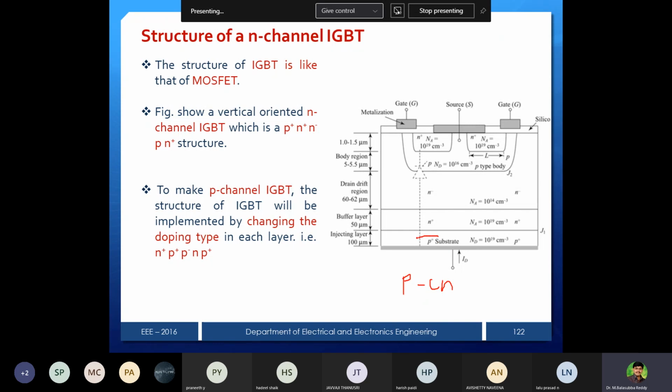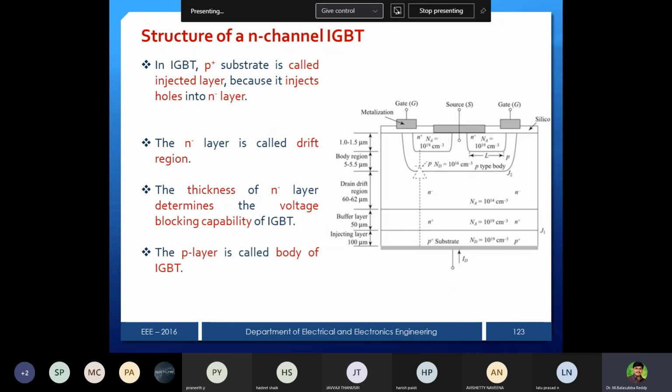Now what will happen, we can start with N plus, then P plus, then P minus, then N, then P plus, like this. It is going to be changed. If you want to replace the N channel with a P channel, this will be changing the doping type.